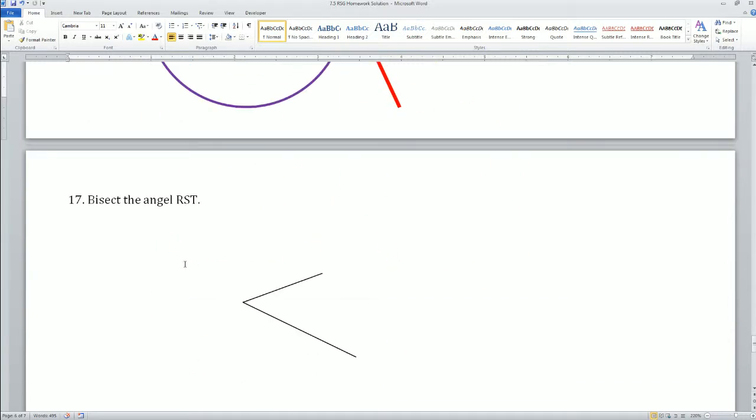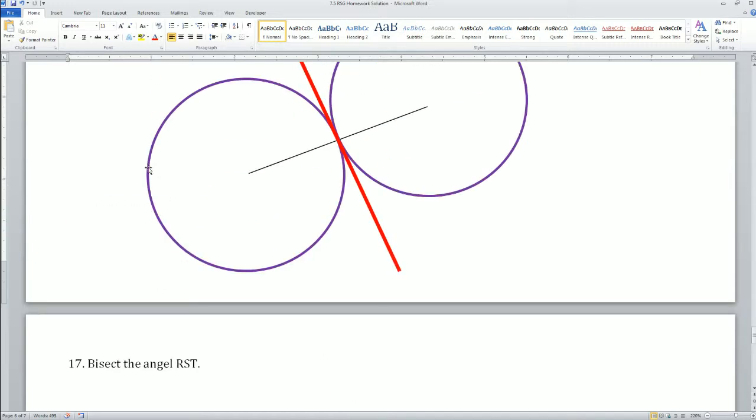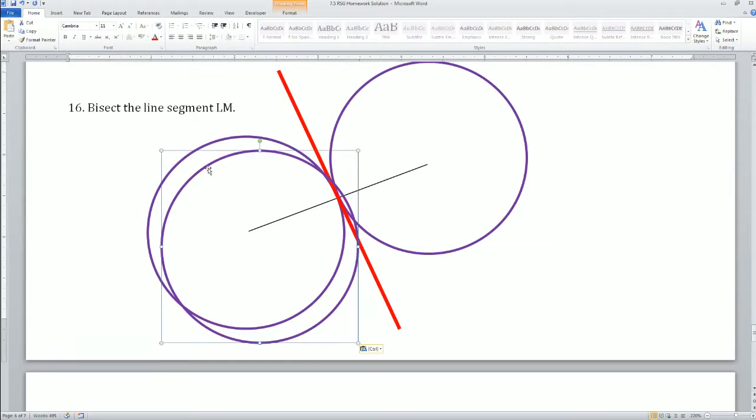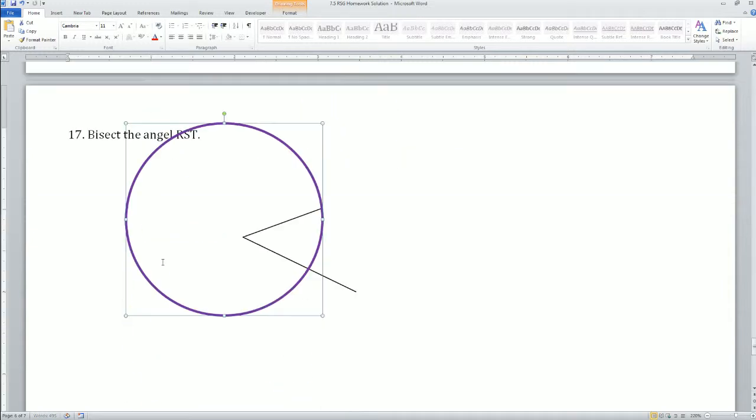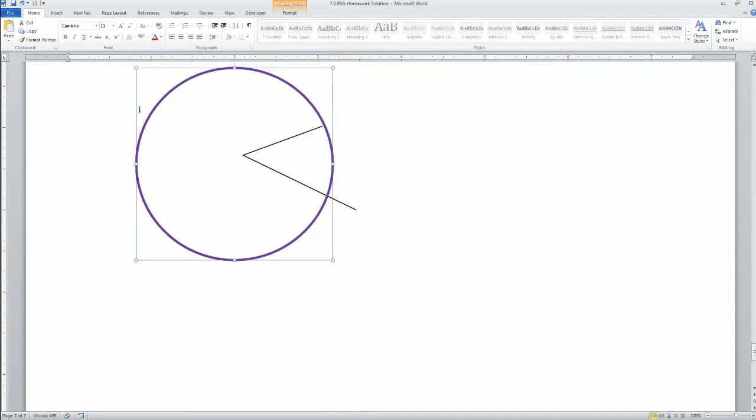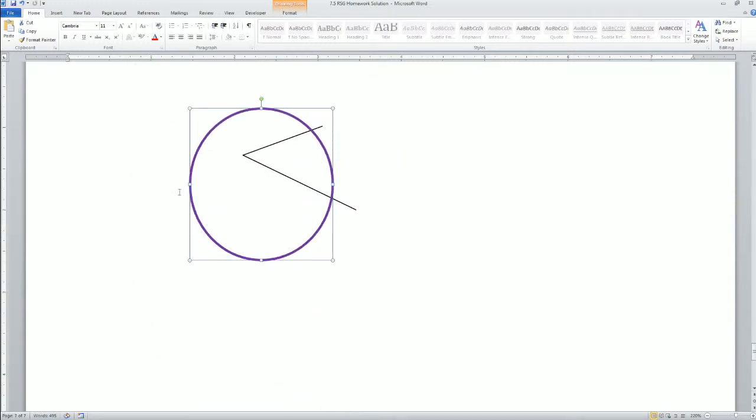Bisect the angle. Okay. Bisecting the angle. Let's just grab the circle here. Hopefully I can get that as the radius.